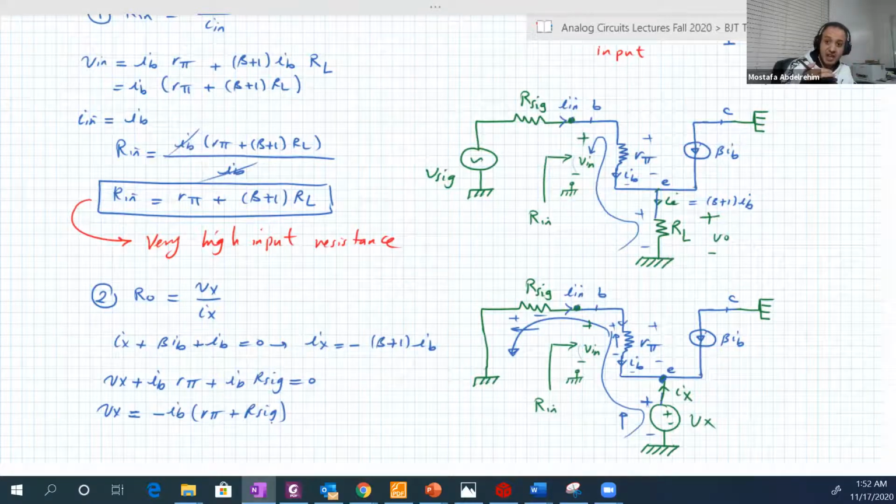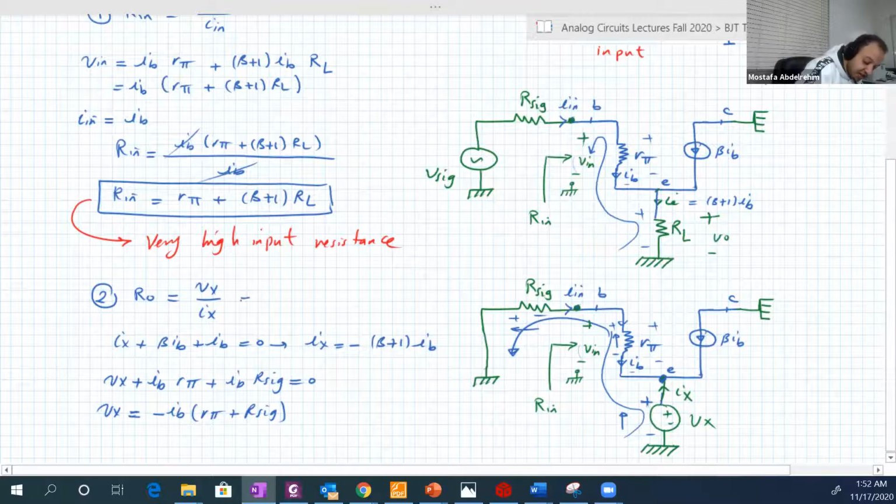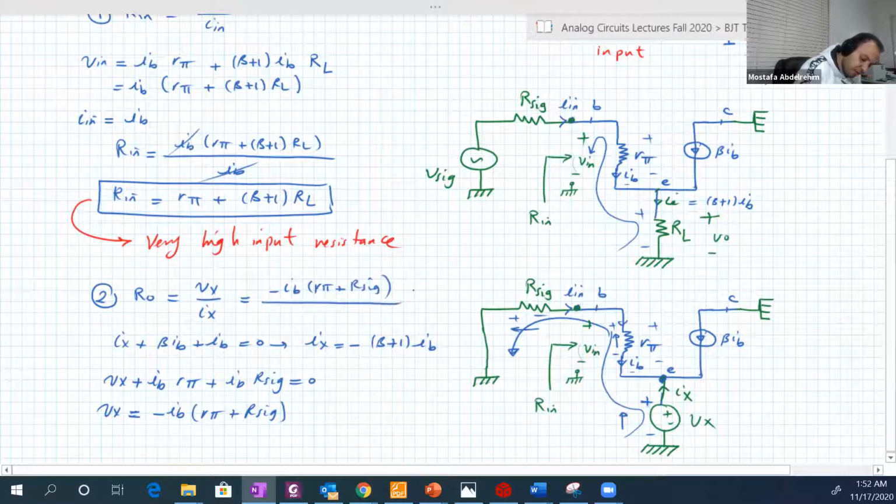Both Vx and Ix are now a function of IB. So we can divide safely now because we know that IB will just go away. So RO is minus IB (R pi plus R signal) over minus IB multiplied by (beta plus 1). This IB cancels, and the minus also goes away.